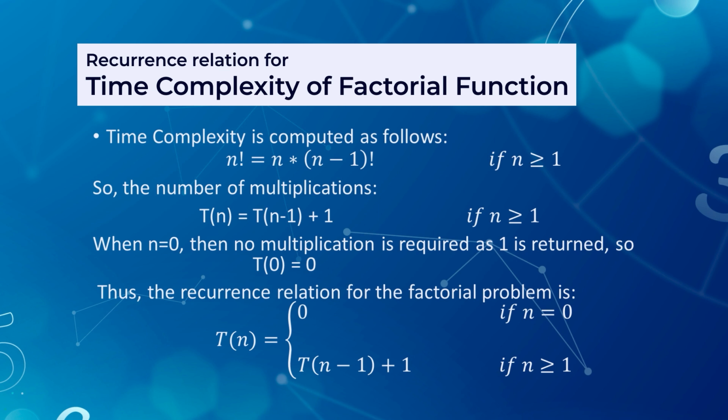At the time when n equals 0, no further multiplication is required as 1 is simply returned. So, T(0) becomes 0. The recurrence relation for the time complexity of the factorial function is T(n) equals 0 if n equals 0, because we do not require any multiplication in this case. However, it is T(n minus 1) plus 1 if n is greater than or equal to 1.